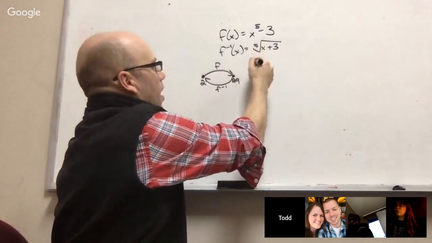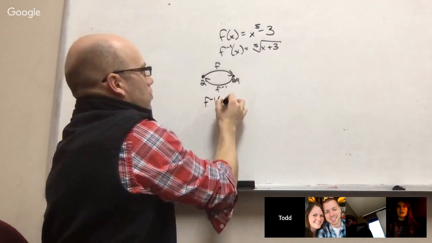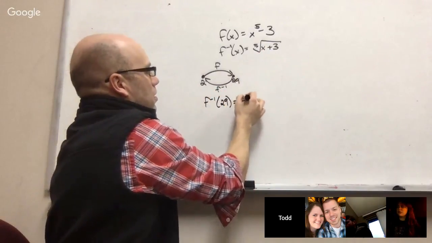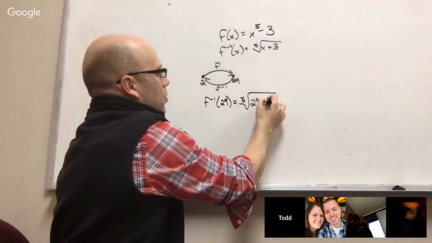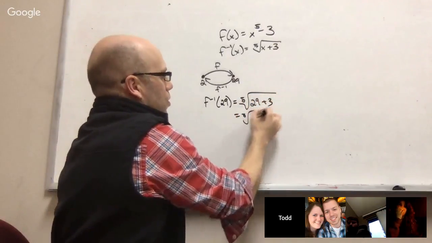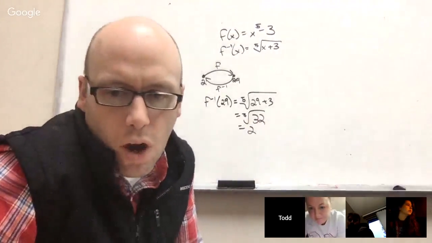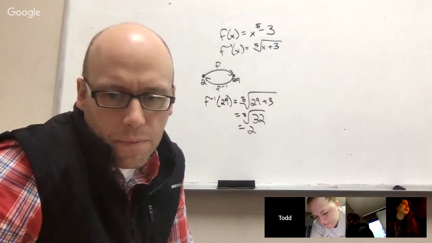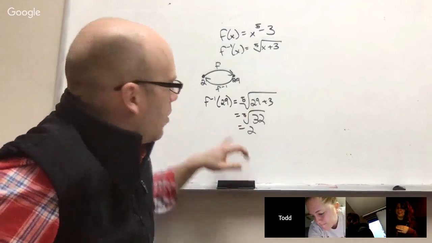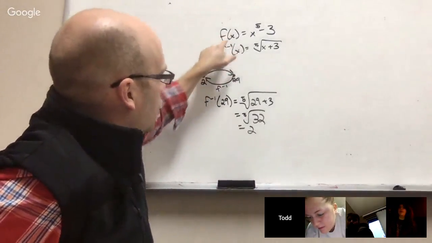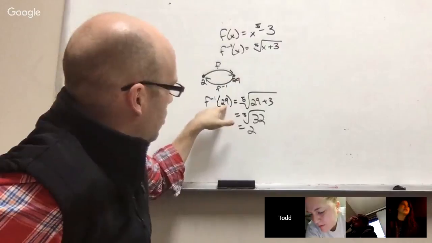We can check: f inverse of 29 is the 5th root of 29 plus 3, the 5th root of 32, which is indeed 2.